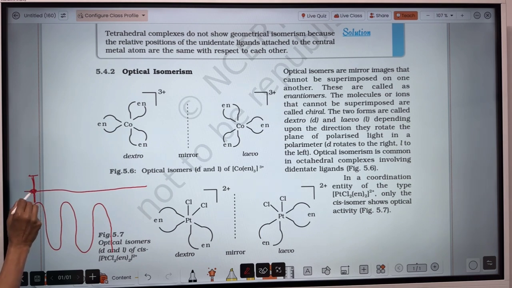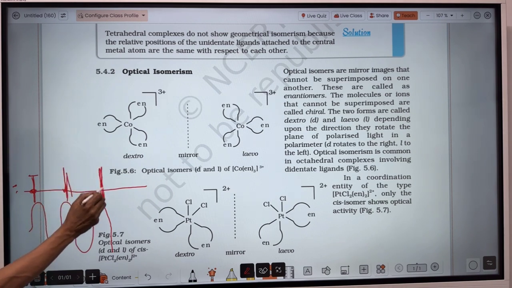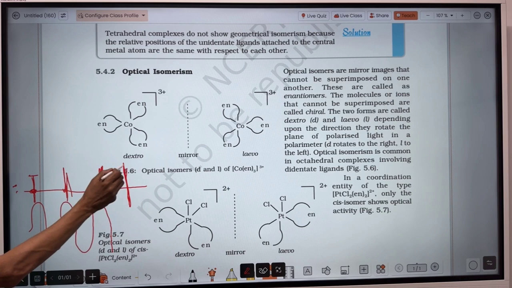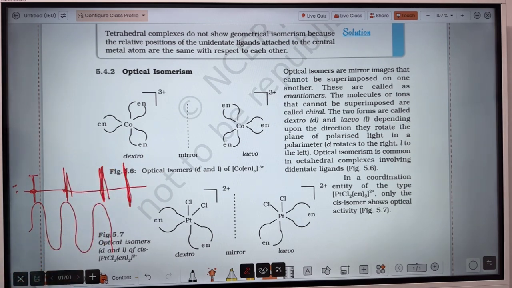That means the constituent particles are not going this side. When you jerk here, this particle will oscillate above and below. Same here, these particles will oscillate above and below. But the wave will come from this point to this point.